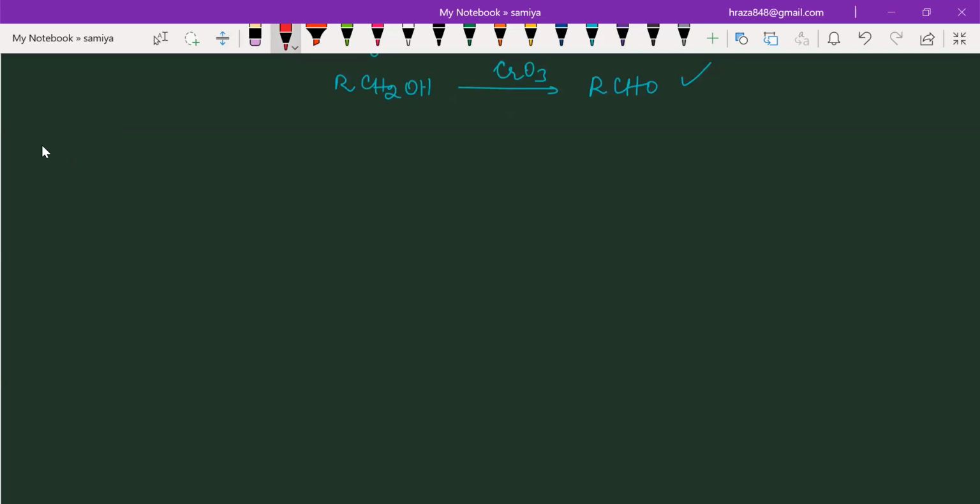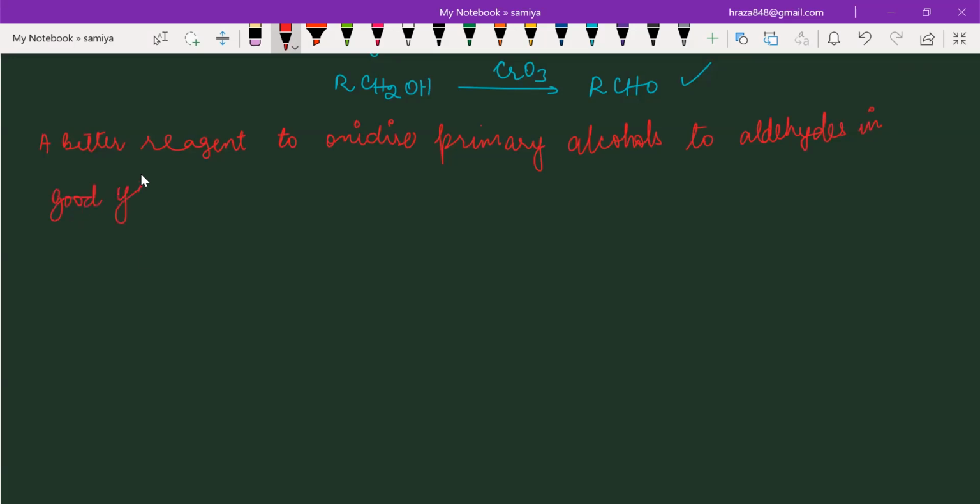So basically, we can write a better reagent to oxidize primary alcohols to aldehydes in good yield is pyridinium chlorochromate.